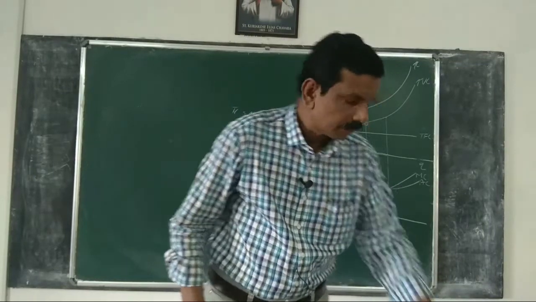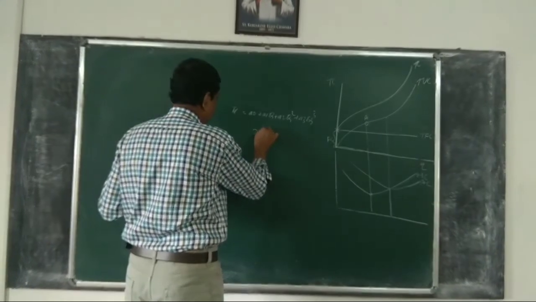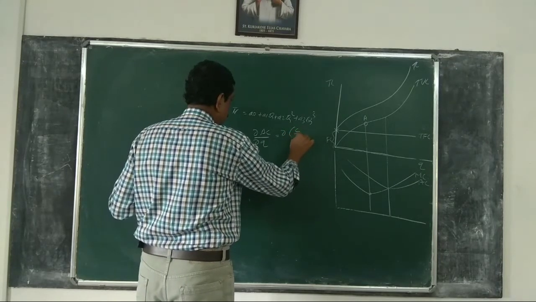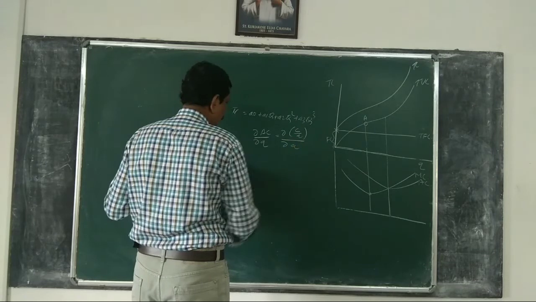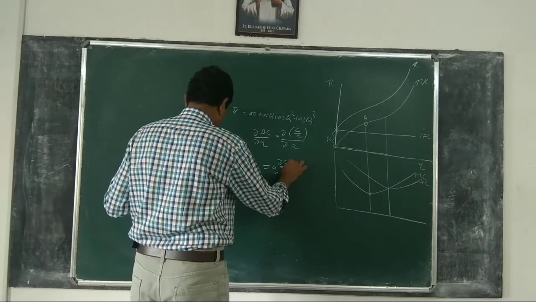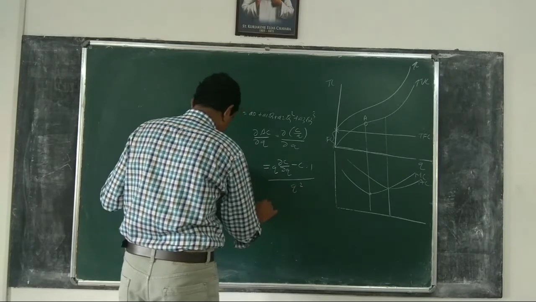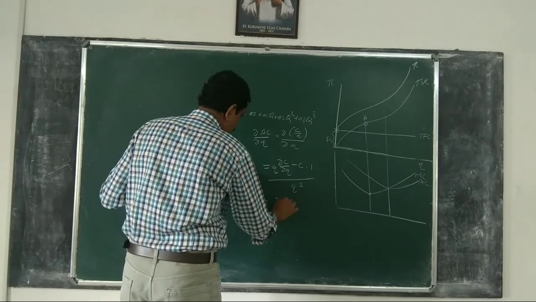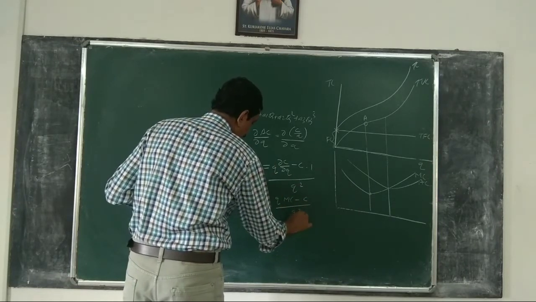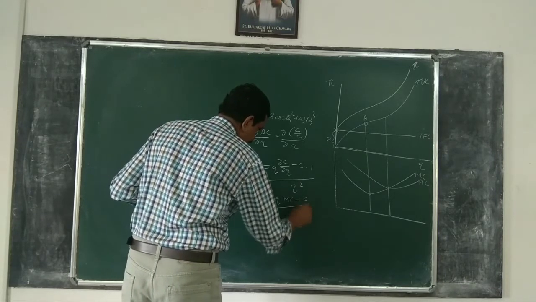And as we have derived in the case of average product and marginal product, you can differentiate AC with respect to Q. That is, dou (C/Q) by dou Q. That will give you Q into dou C by dou Q minus C into 1, by Q square, which is equal to 1 by Q into (MC minus AC).